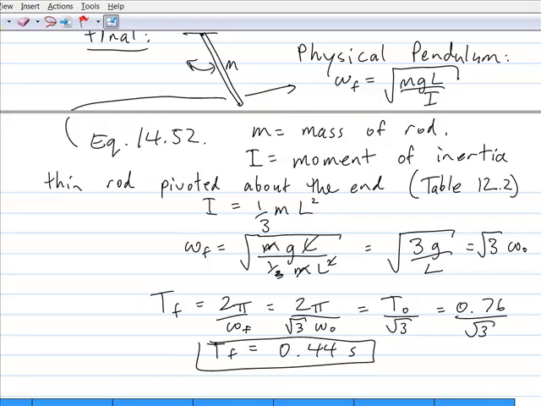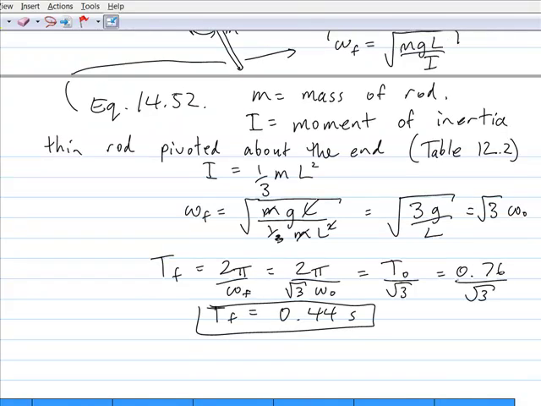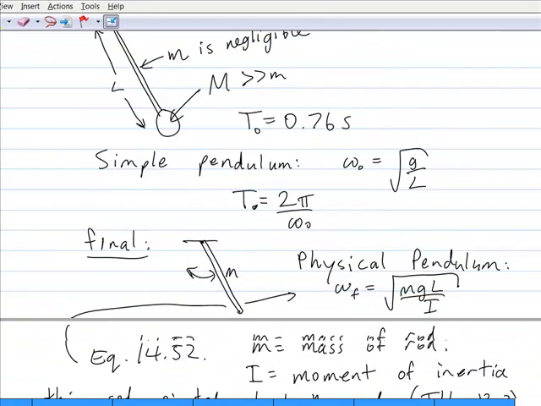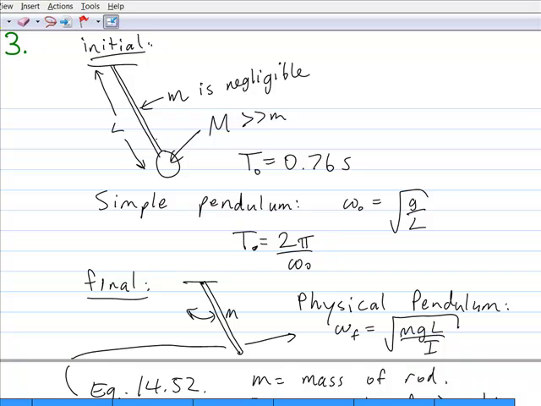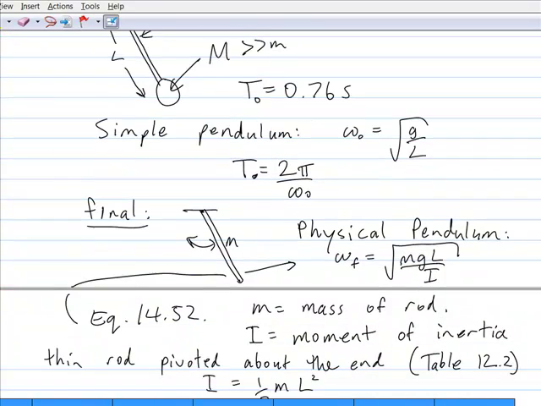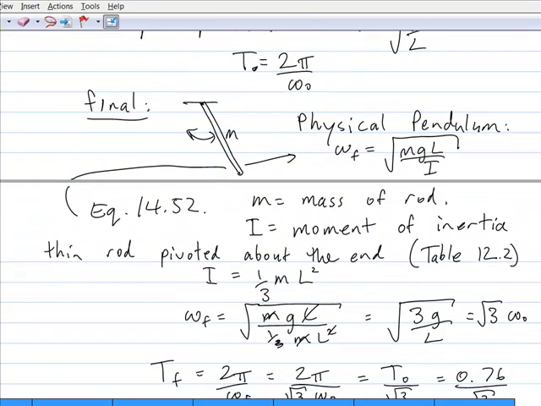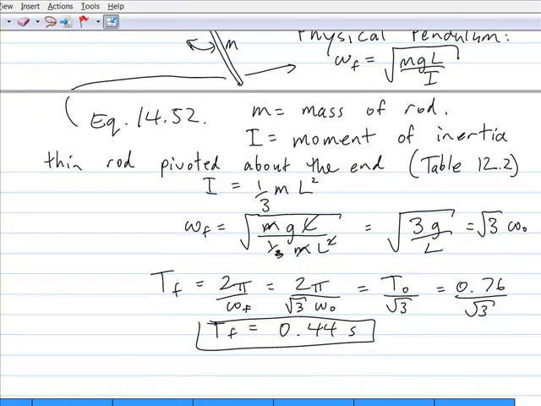So just to assess that, what has happened? Well, by removing this mass from the end, you've kind of decreased the effective length of this pendulum, right? Now most of the mass is a little bit closer to the pivot.